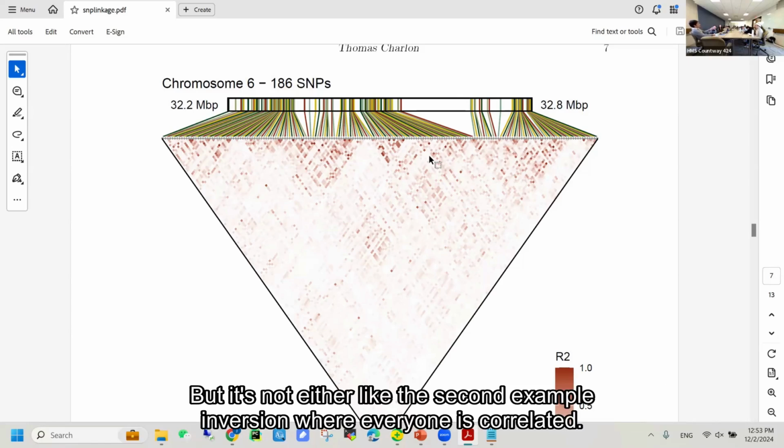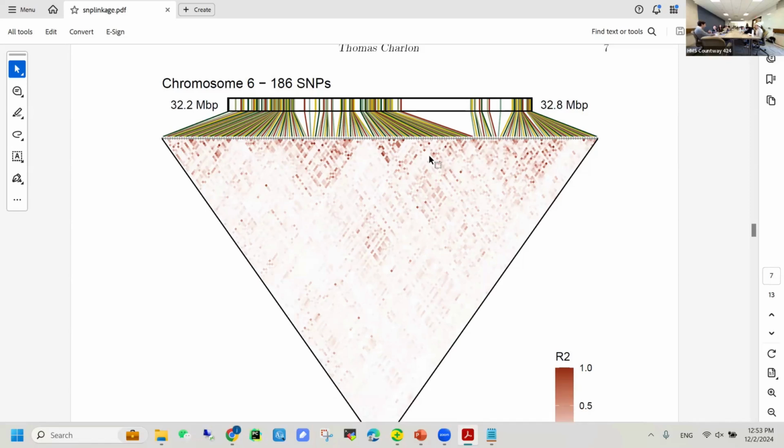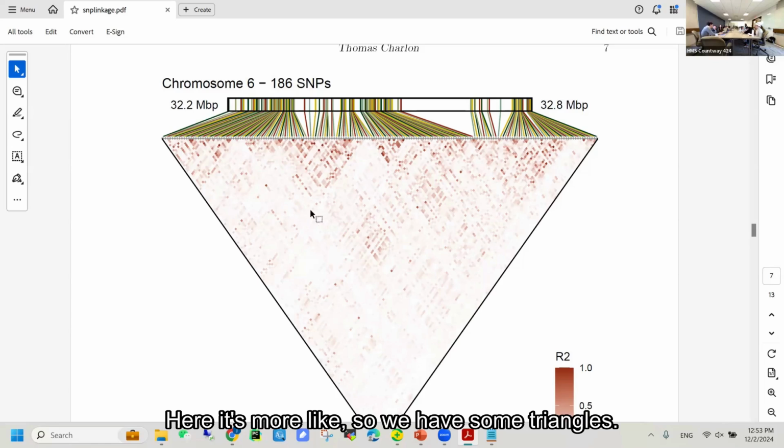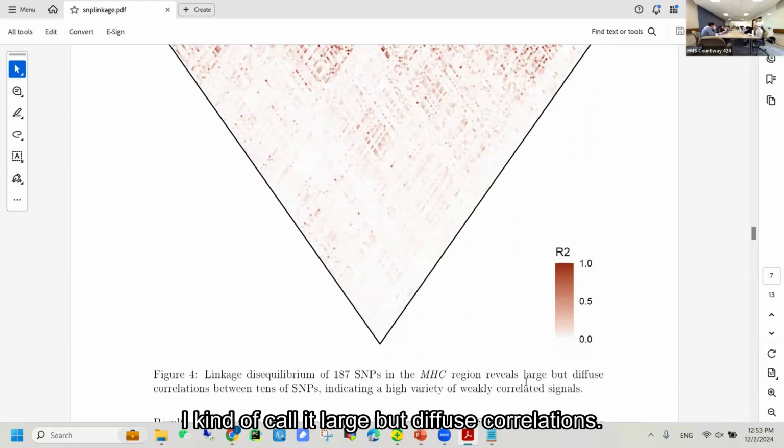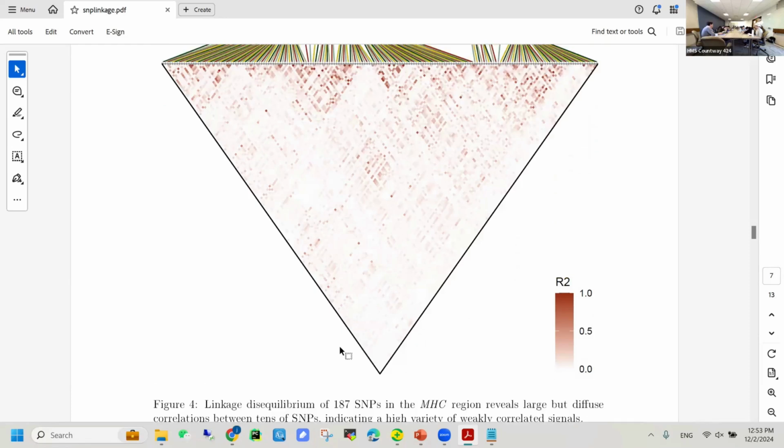But it's not like the second example, the inversion, where everyone is correlated either. Here we have some triangles, but we also have broader correlations. I kind of call it large but diffuse correlations.